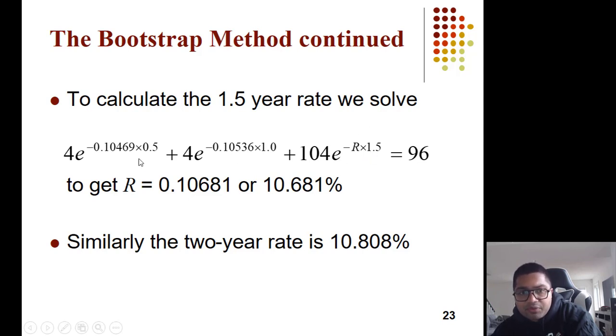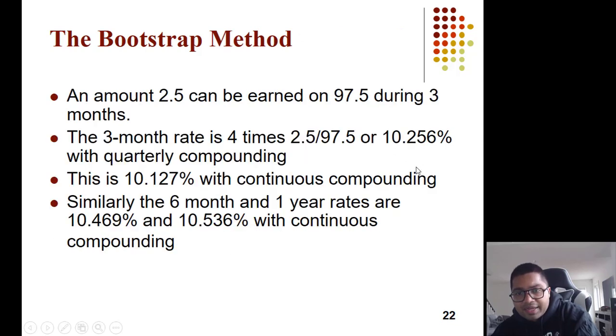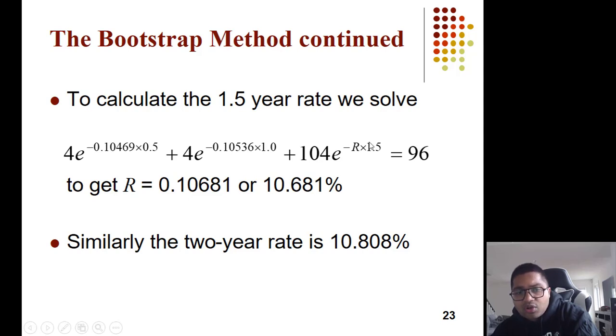So we are using bootstrapping. We found the rate for 6 months and the rate for 1 year. Assume the rate for 1.5 years is R, equate it to the price 96, and solve for R. If you solve for R, it comes to 10.681%. Similarly, once you have this rate, you can find the rate for 2 years.